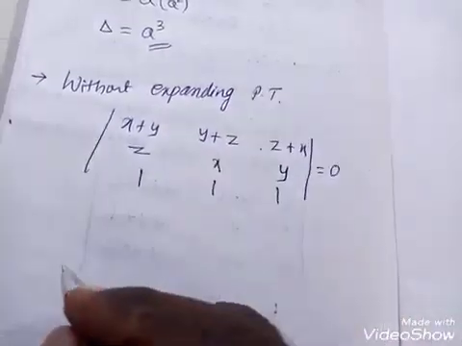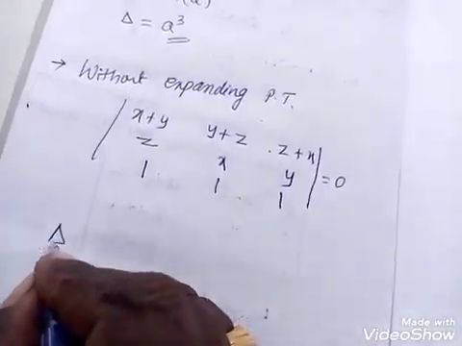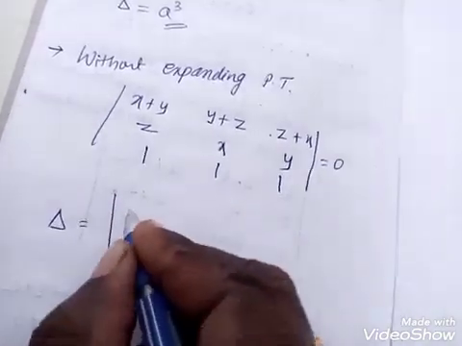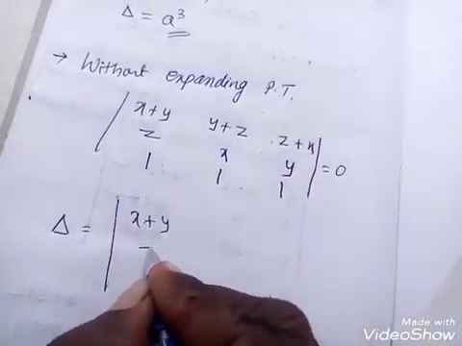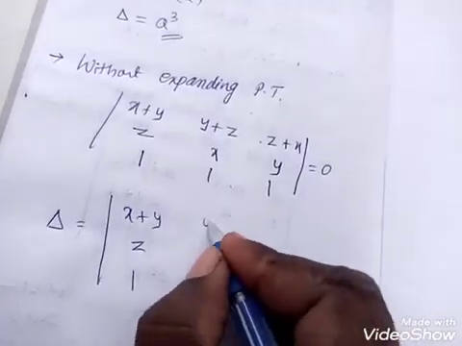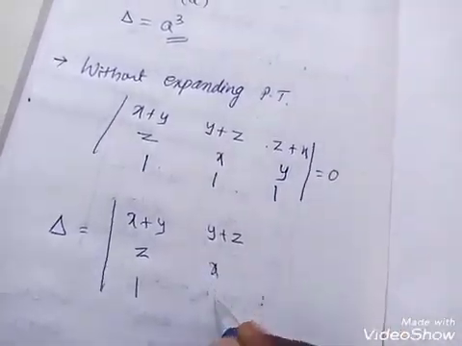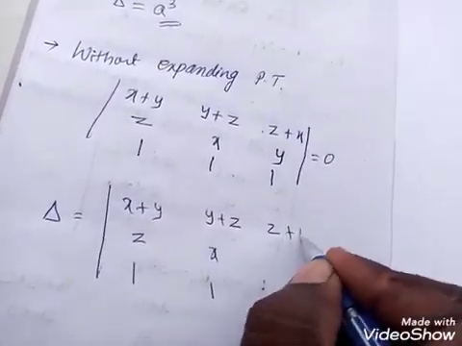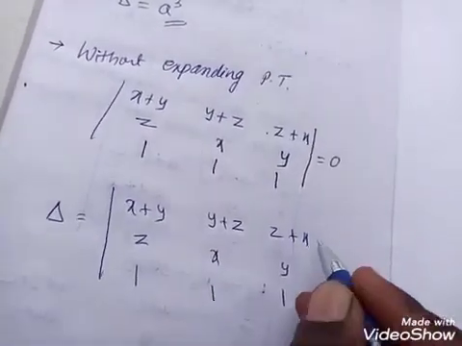They asked this one. Here, the simple way: first write the given one. Delta is equal to x plus y, z, 1; y plus z, x, 1; z plus x, y, 1.